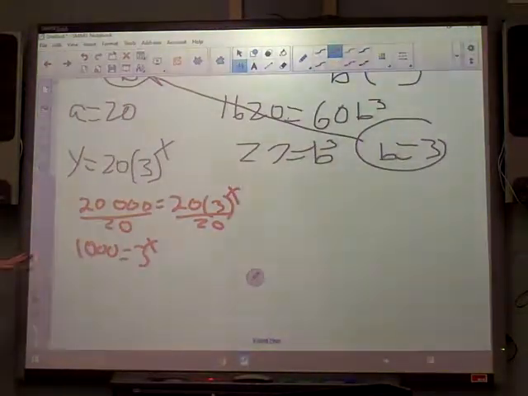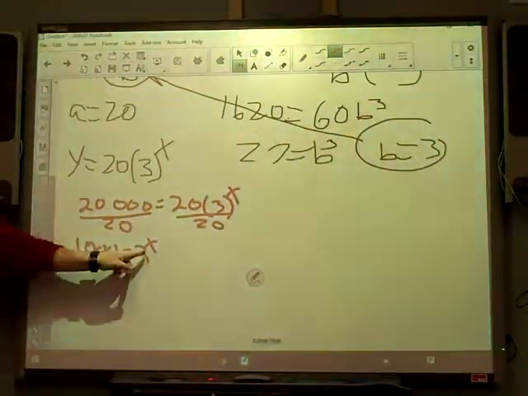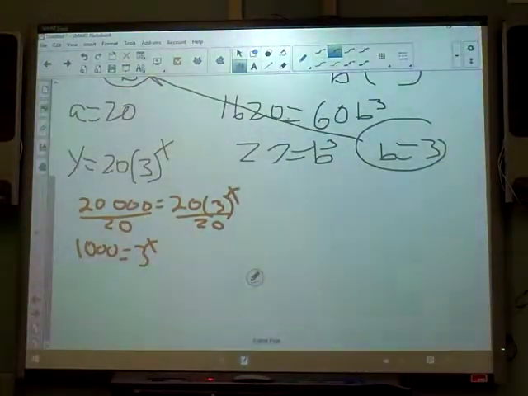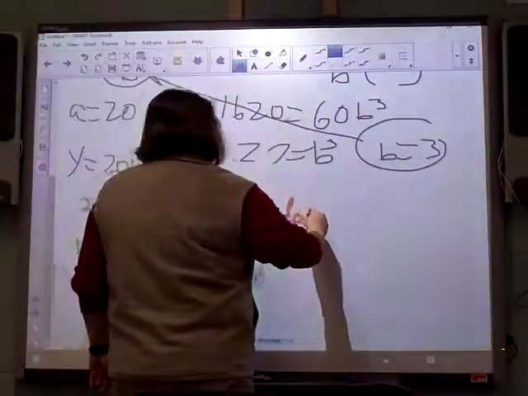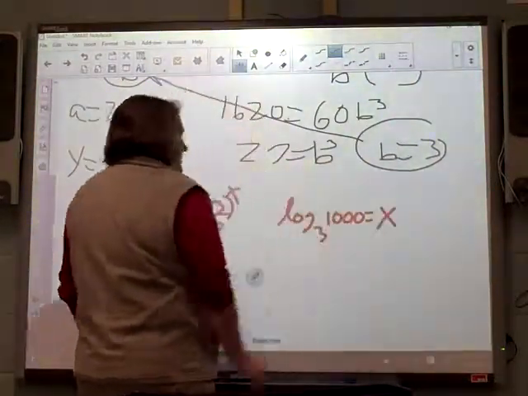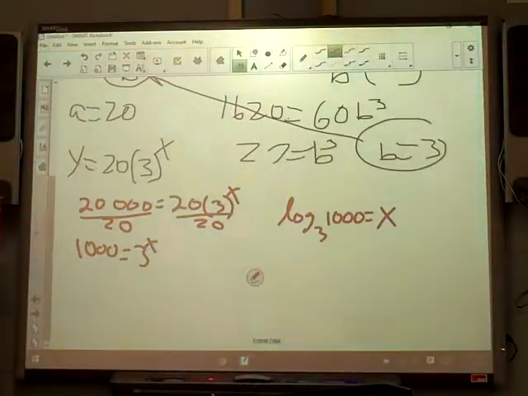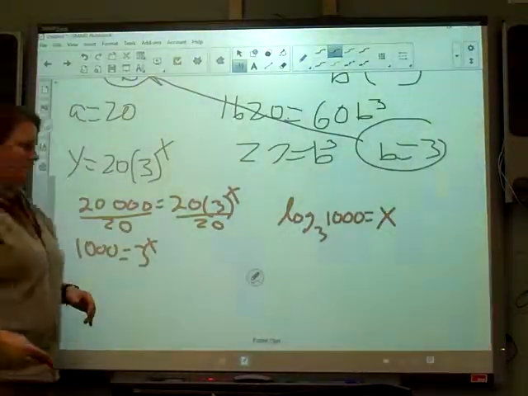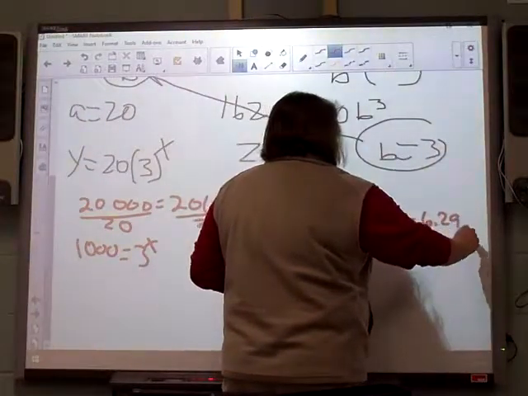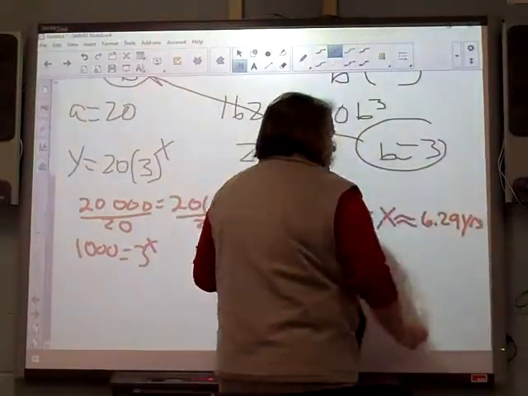This is exponential form, b to the e equals n, right? It's just flip-flop, so rewrite it in log form. Log base 3 of 1,000 is equal to x. That's 6.21. And that was years.